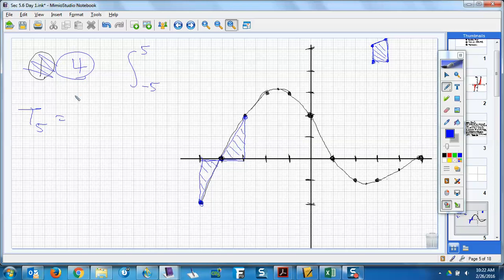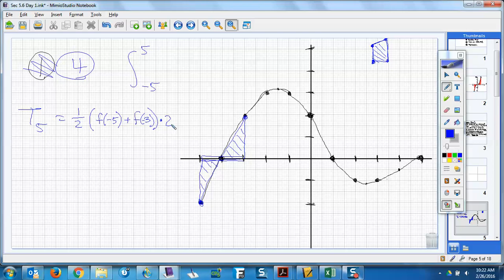But think about how we would write this. We would go 1/2, and then what would be the left base of the trapezoid? F of -5 plus, this is like the B1 plus B2, F of -3 times that, which is 2. Again, we would not have to have this picture here to know this, right?